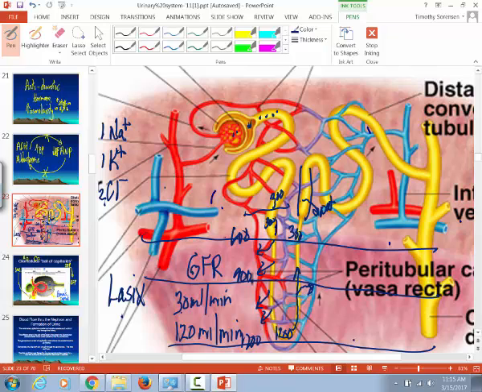Watch. In the thickened portion of the ascending limb, to reabsorb sodium, you have to reabsorb potassium and chloride. Do you got that? Lasix prevents you from reabsorbing chloride. If you can't reabsorb chloride back into the blood, what has to stay with it? Sodium and potassium. All three of these will not get reabsorbed back into the blood.